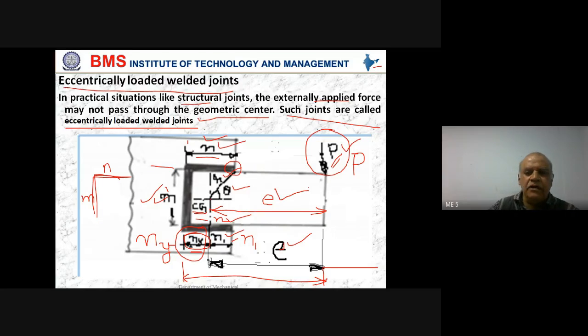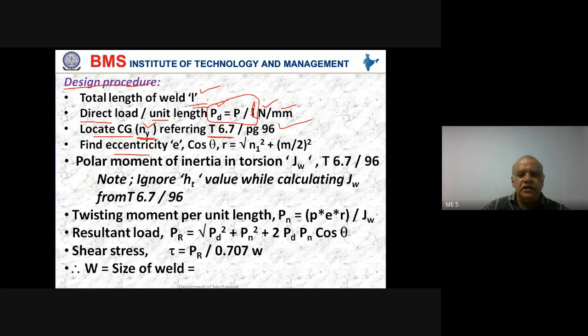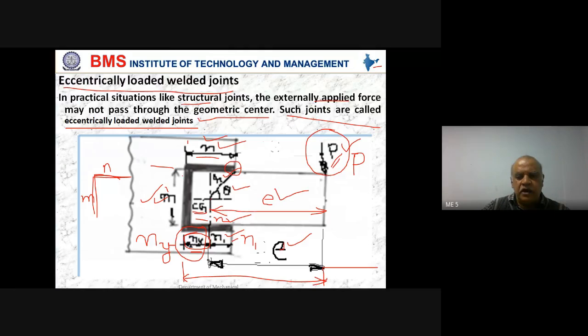So get the value of eccentricity, cos theta, and find out R. Before that, find N1, that is N minus Ny. N minus Ny will give you the value of N1.